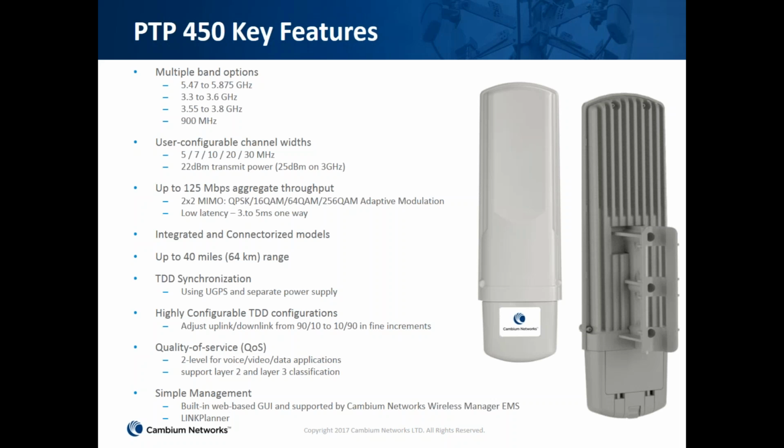So you get pretty decent throughput at a reasonable price. Also, relative to the rest of the PMP 450 portfolio, it makes it real easy to drop in because the GUI is the same, the installation procedure is the same, and the accessories are the same. So if you're deploying PMP 450, this is a nice solution to add on to that.